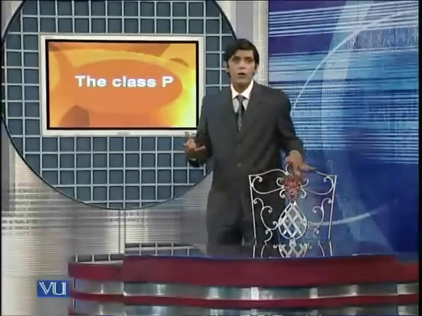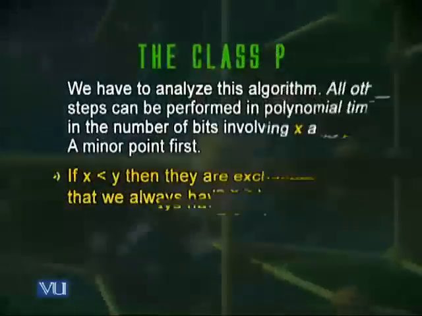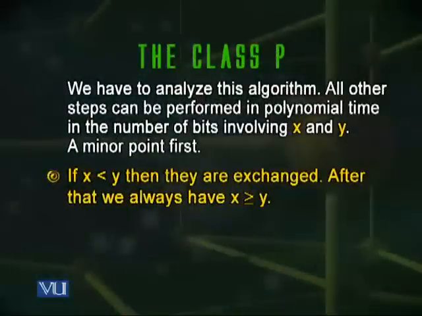This is the Euclidean algorithm, and you know how it works. You've been using it since elementary school. What we want to do now is analyze this algorithm. We want to see how much time this algorithm takes in terms of the size of the input. First, let's look at a minor point.